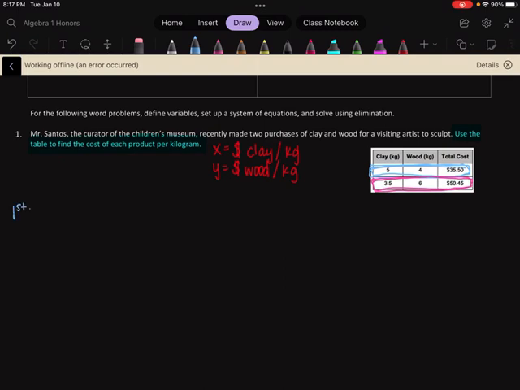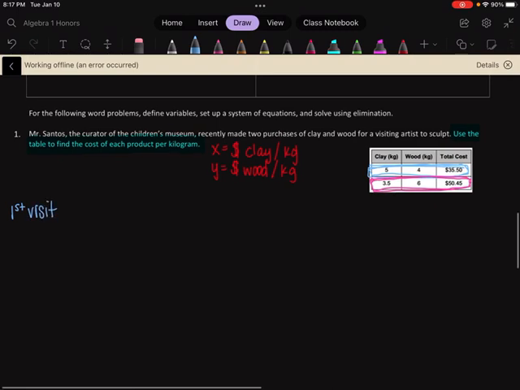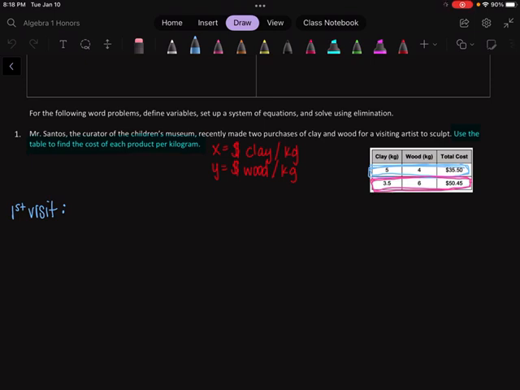So first visit is 5 times the cost of clay per kilogram. Excuse me. So 5 times the cost of clay per kilogram plus 4 times the cost of wood per kilogram is going to equal a total of $35.50.